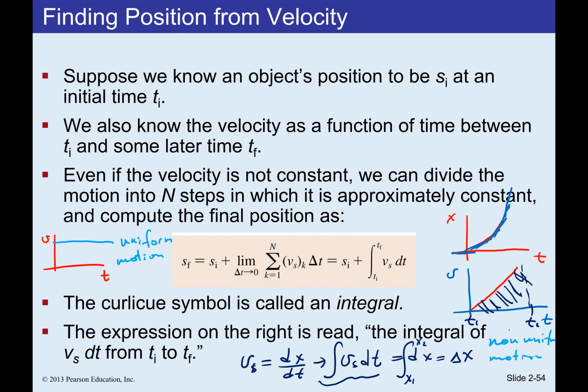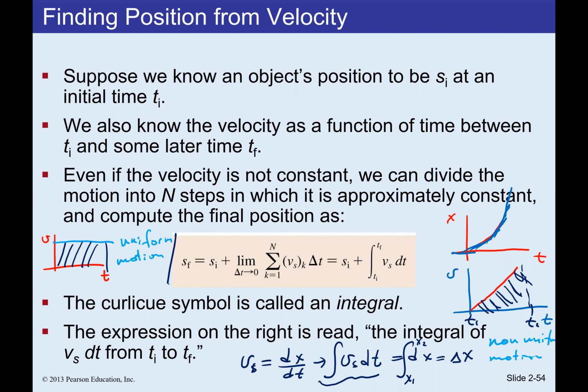For uniform or even non-uniform motion, the area is equal to my displacement. So it goes the other way around. Going from displacement to velocity, you take the slope, the derivative. Going from velocity to displacement, you find the area under the graph, which means you integrate.